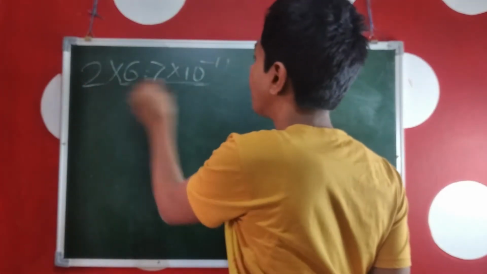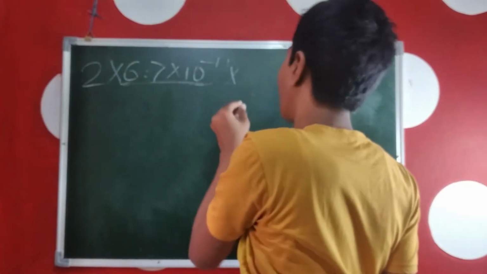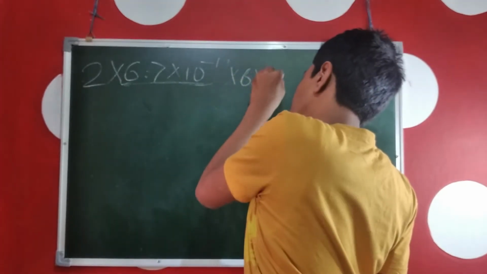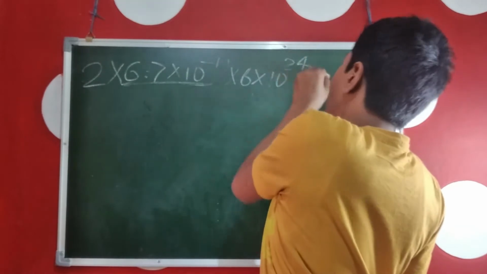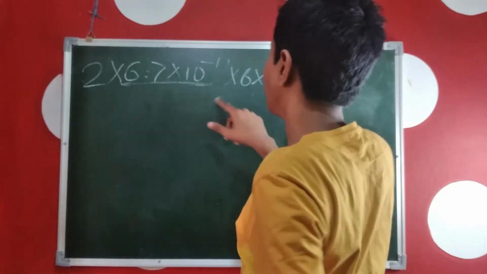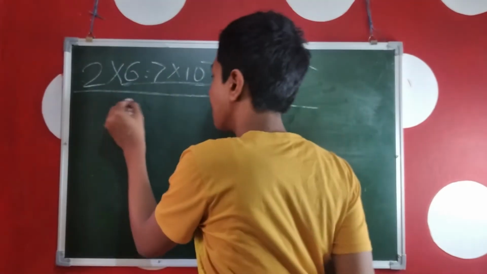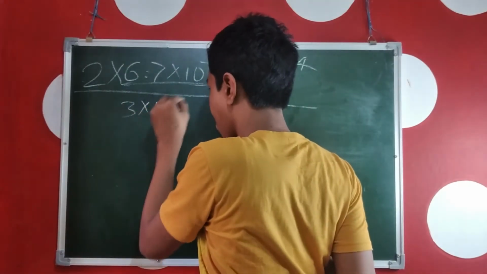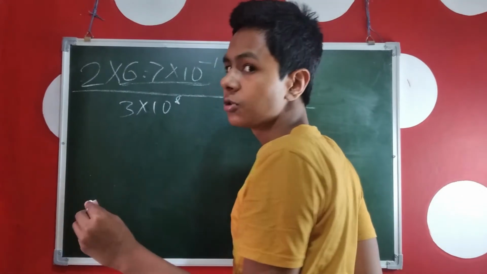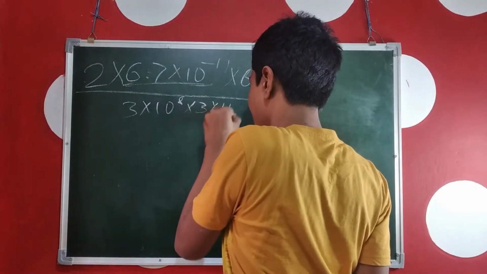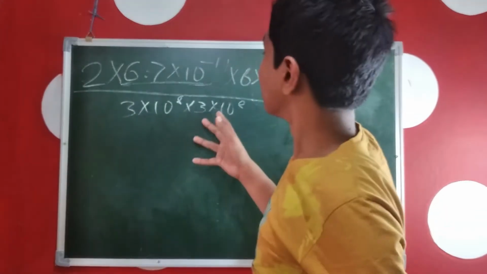2G, capital G. The mass of the earth is 6 into 10 to the power 24 kgs, but we're not writing the units. By c, light speed, c square, so light speed into light speed, like this.